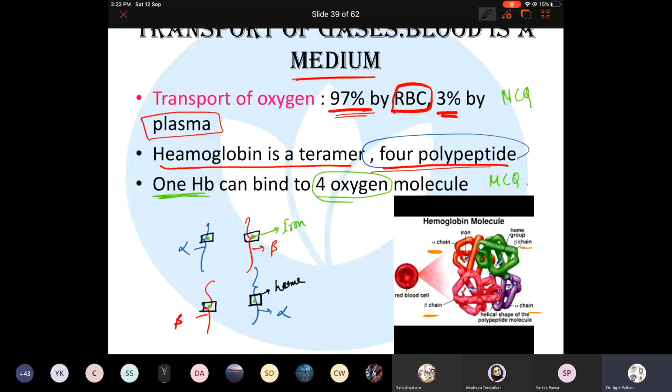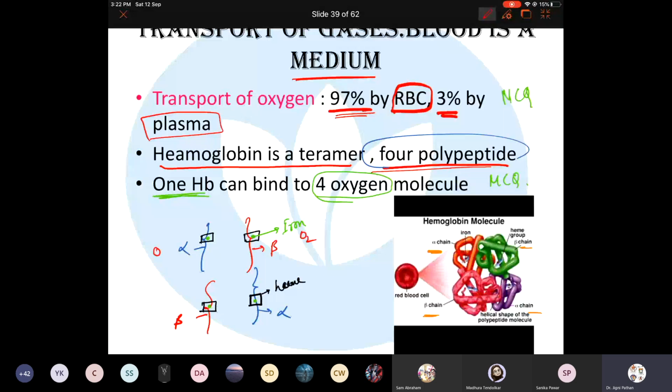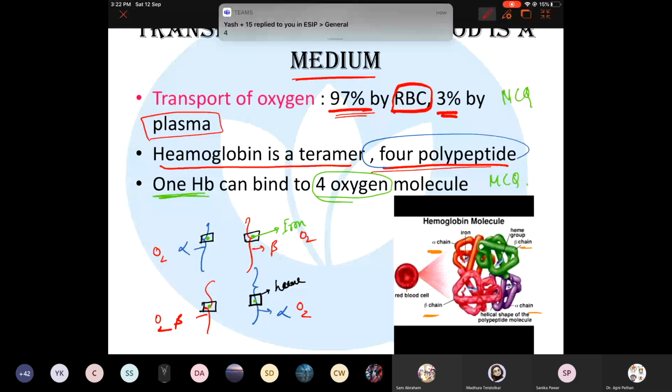Each iron will bind to one oxygen molecule. So totally how many oxygen molecules can a hemoglobin bind? 4.